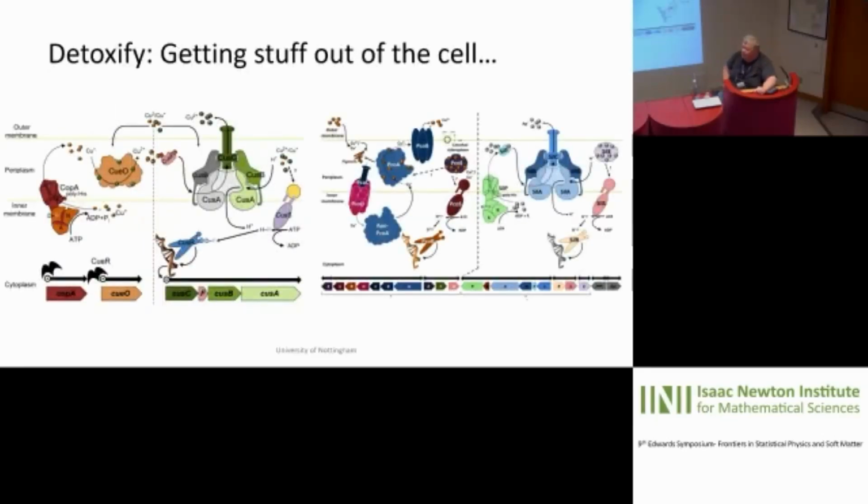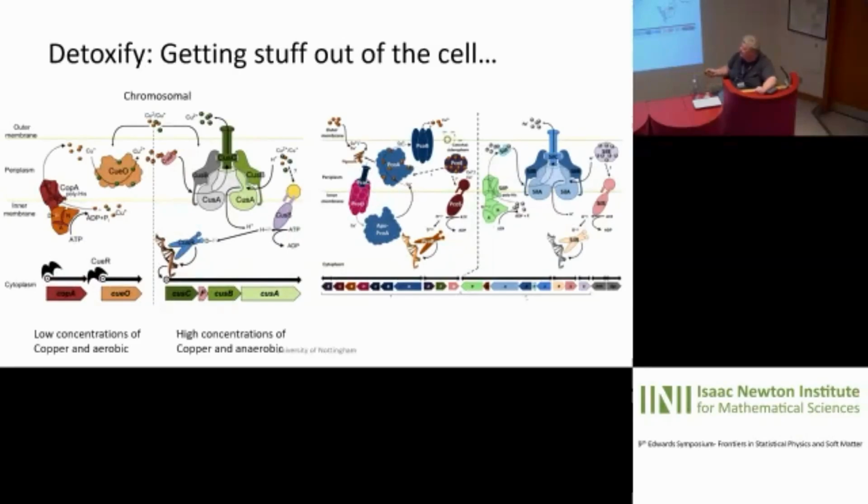And of course, at some level, you get quite a level of complexity about how these things cope with these systems. And typically, we have copper systems which can operate under either low or high concentrations.